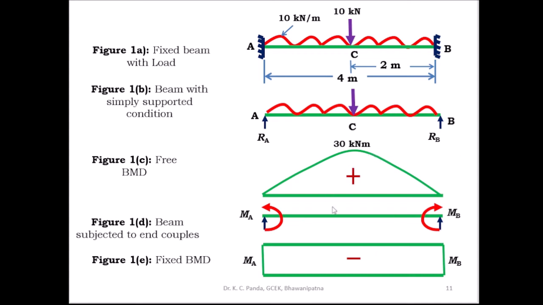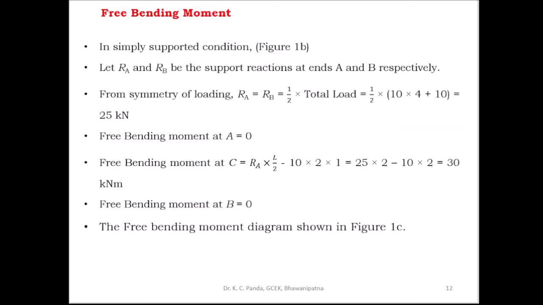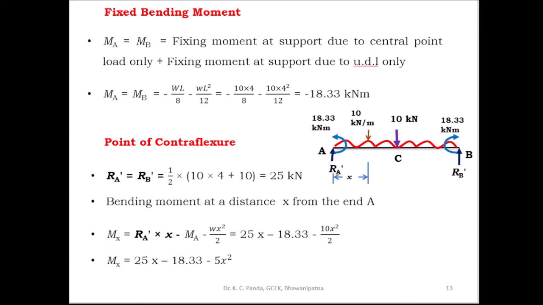Then you have to find out what are the fixing moments at the end A and at the end B. You don't know the fixing moment at the end A and end B. By using the formula, you can find out the fixing moment at the end A and B. The fixed bending moment MA is equal to MB.